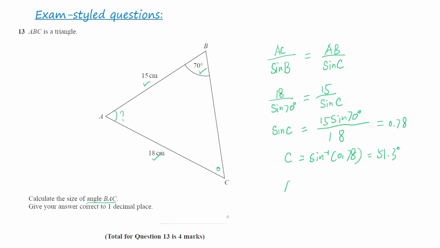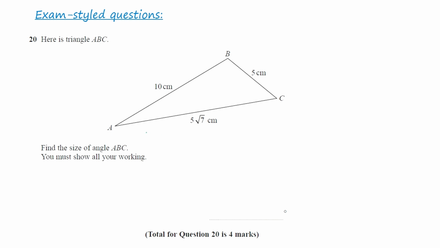Angle A equals 180, take away 70, then take away this one, and using the calculator, it's 58.7 degrees. And this is the answer. So you can write the answer here, 58.7 degrees.